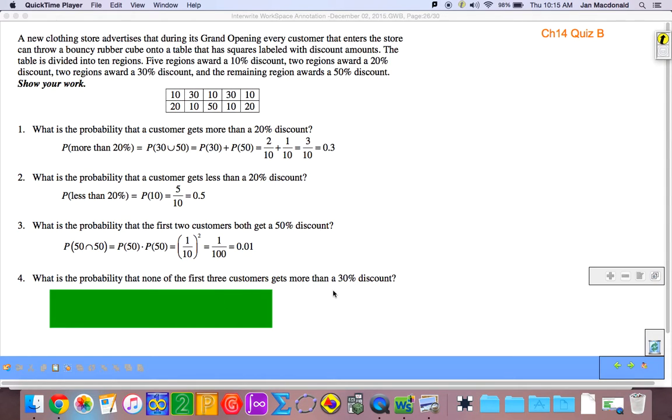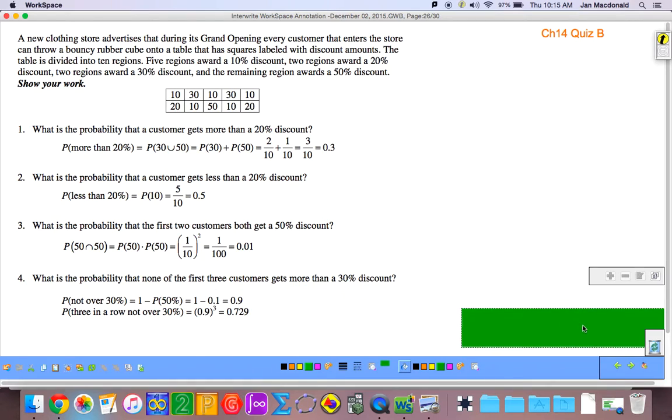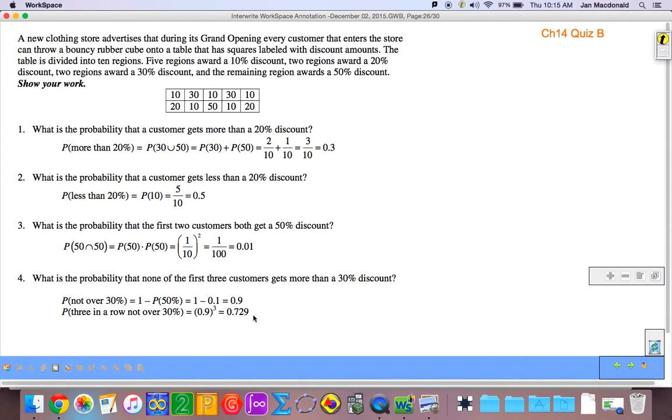Well, we know the probability of getting no more than a 30% discount is 9/10. We know that these events are independent of each other. So therefore, we can just multiply the individual probabilities. So the probability that 3 customers in a row get no more than a 30% discount is 0.9 times 0.9 times 0.9, which is 72.9%.